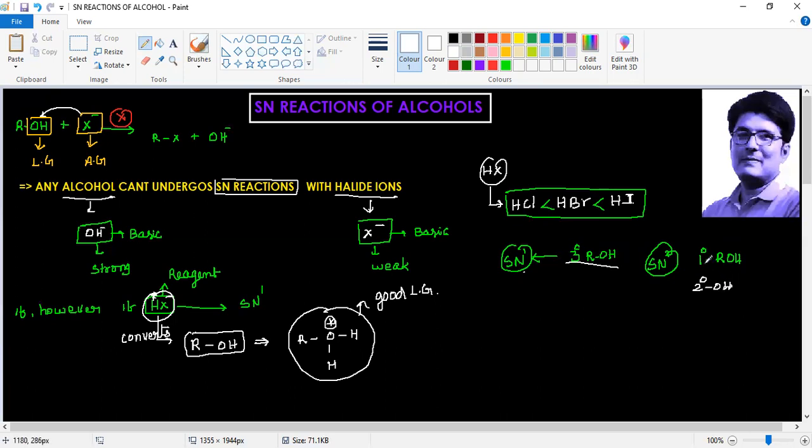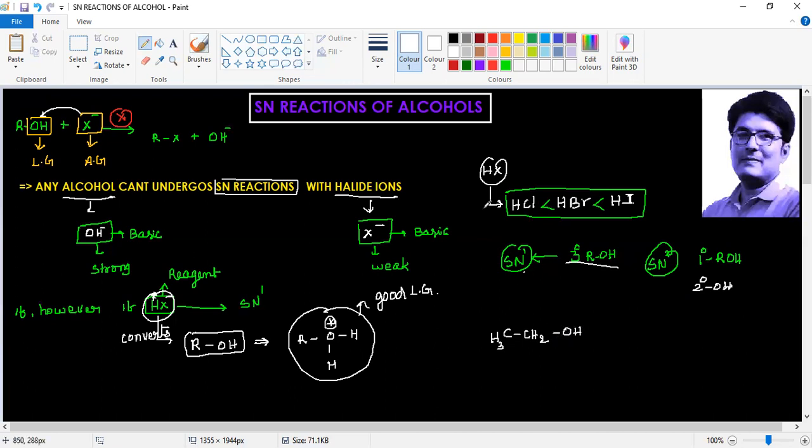the primary alcohols whose beta carbon is... Better to give one example of a primary alcohol. Say CH3CH2OH.